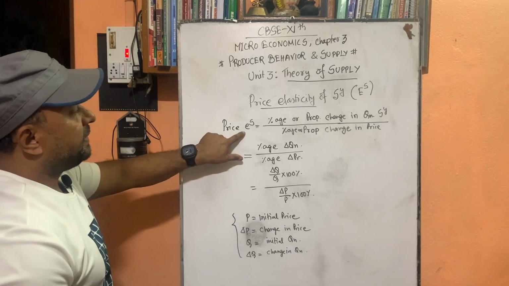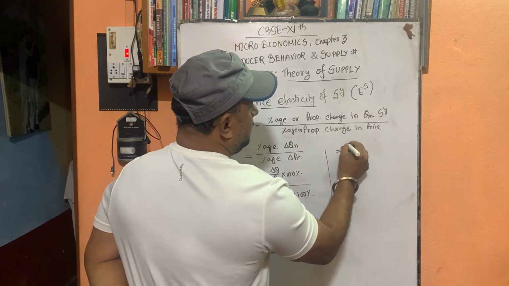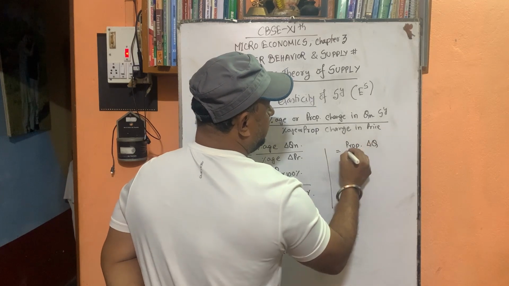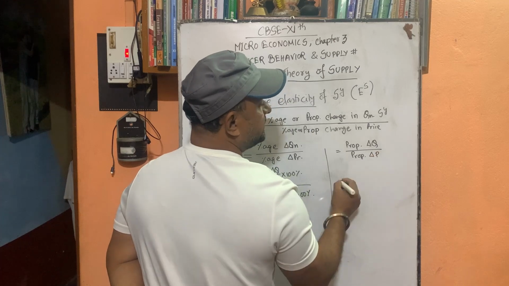We can calculate price elasticity of supply by the proportionate method also. In the proportionate method, what happens? Proportionate change in quantity divided by proportionate change in price.